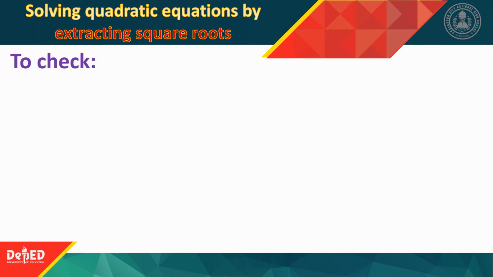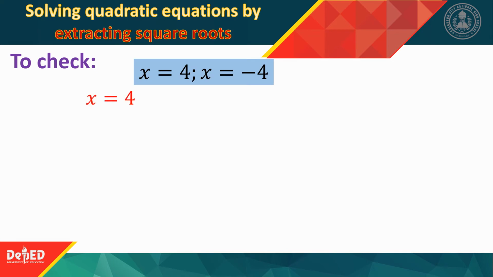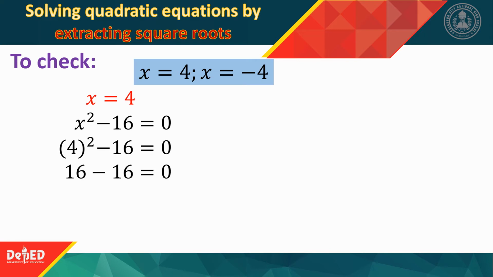To check if x is equal to 4 and x is equal to negative 4 are true solutions of your quadratic equation, we substitute the value of x to the equation. For x is equal to 4: x squared minus 16 is equal to 0, so 4 squared minus 16 is equal to 0. Then 16 minus 16 is equal to 0. So 0 is equal to 0.